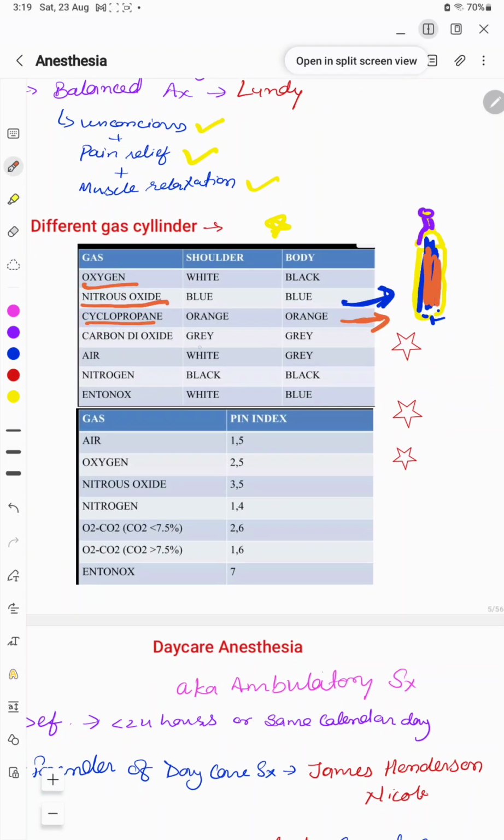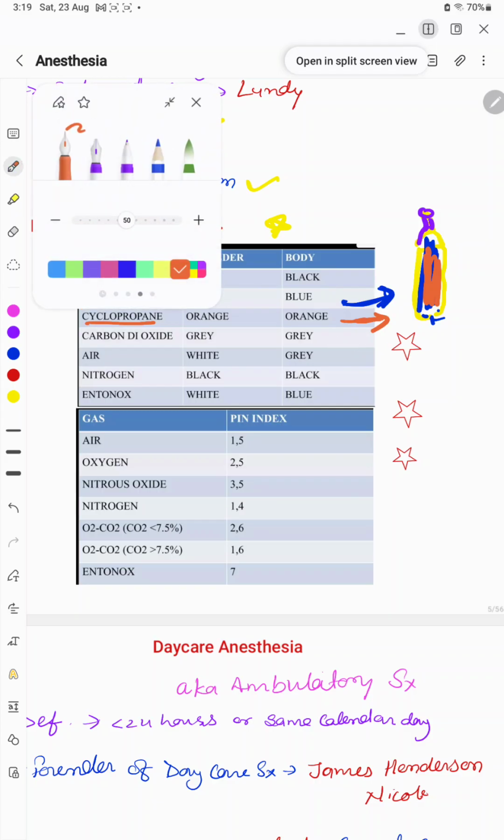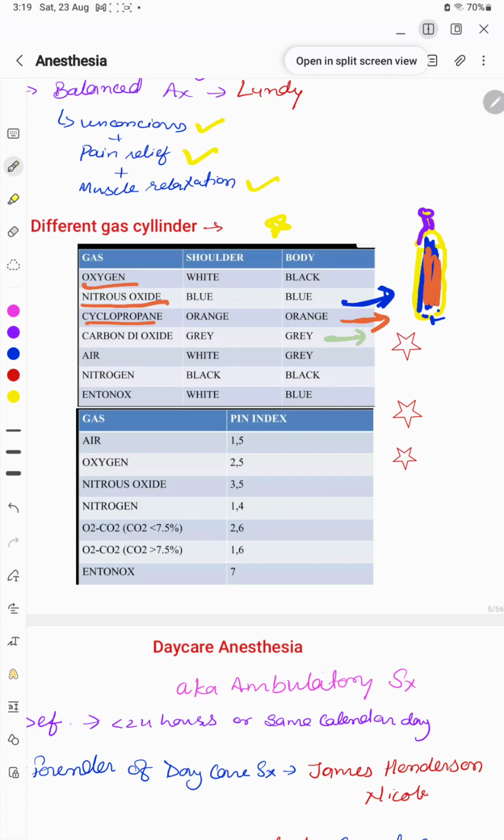For carbon dioxide, all is gray. I am unable to find a gray color, but like this. Okay, this is green, but you will remember carbon dioxide is gray. And for nitrogen, all is black.